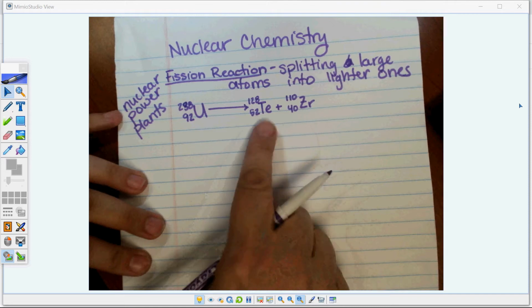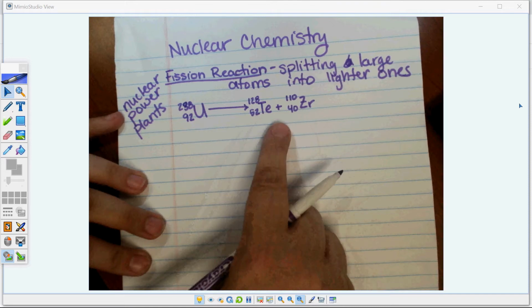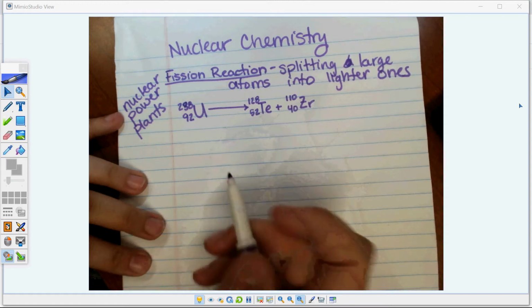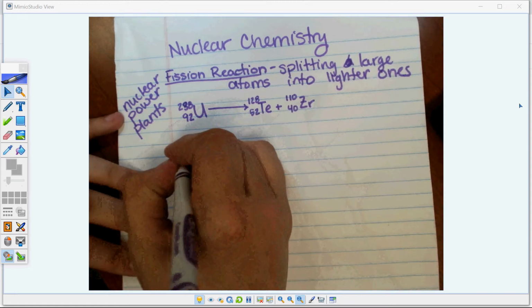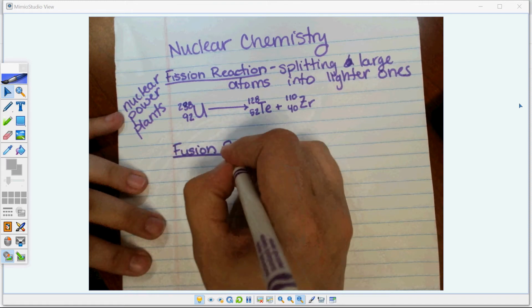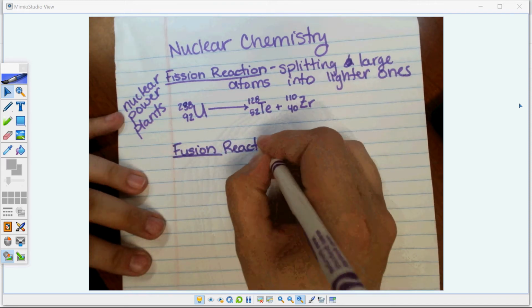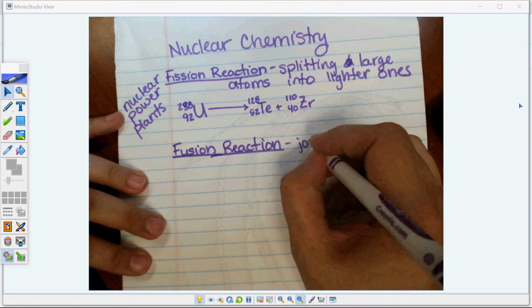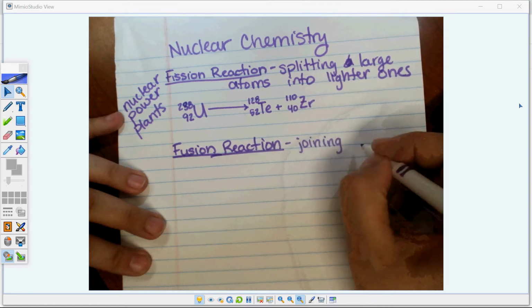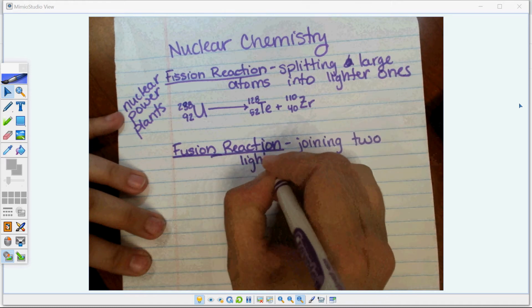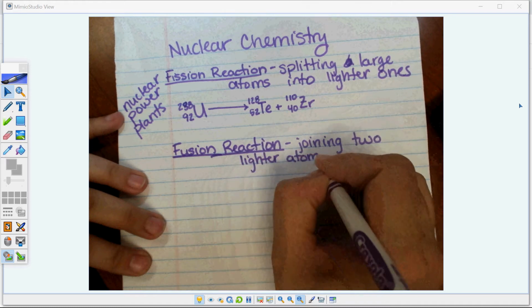These two are lighter, and there is a lot of energy that gets released when we break these two things into individual atoms there. The opposite of fission is what we call fusion. So a fusion reaction would be taking two lighter atoms and joining them together to make something heavier.